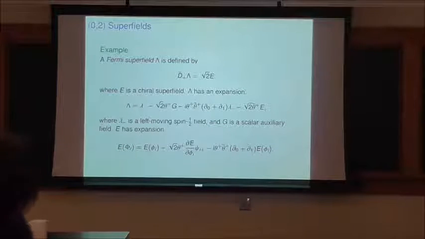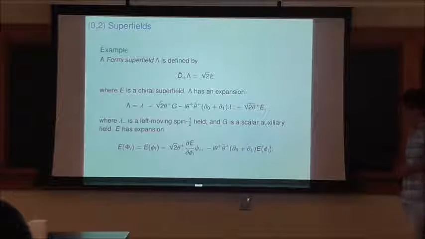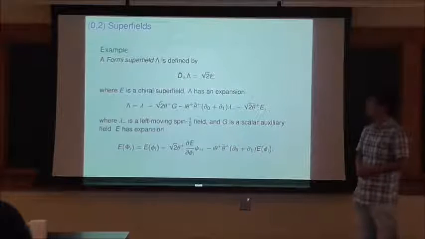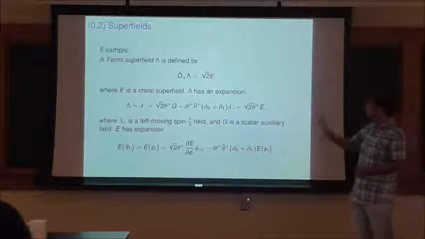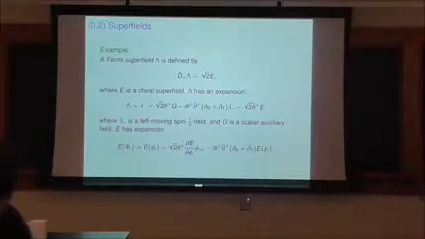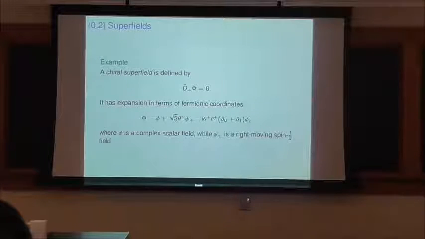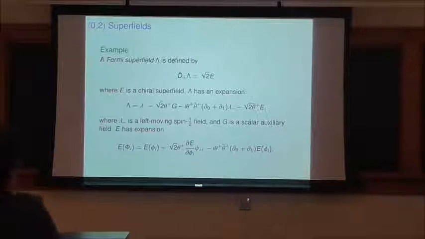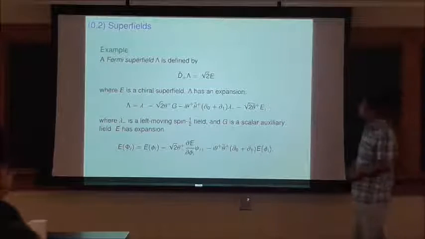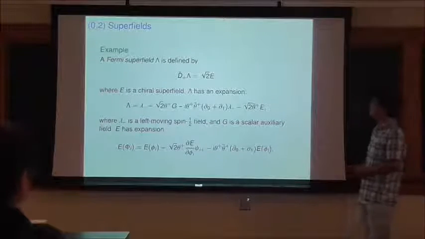Another peculiar superfield of (0,2) supersymmetry is called the Fermi superfield, which is defined by this equation. As you may recall, a chiral superfield is defined by a similar equation, but the right-hand side is 0. For a Fermi superfield, you can do something more. You can put any chiral superfield on the right-hand side.